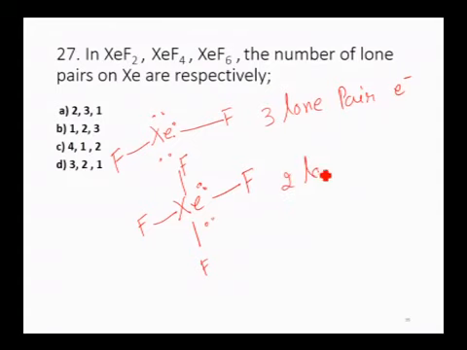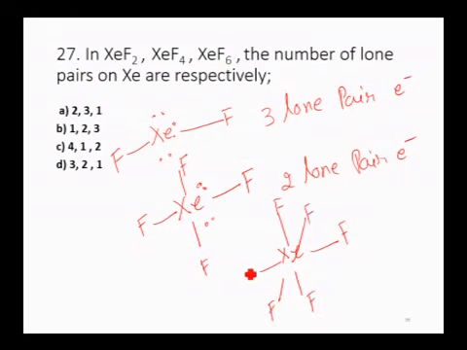It has 2 lone pairs. Xenon hexafluoride contains 1 lone pair of electrons.